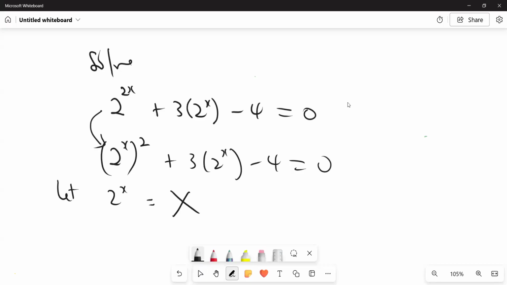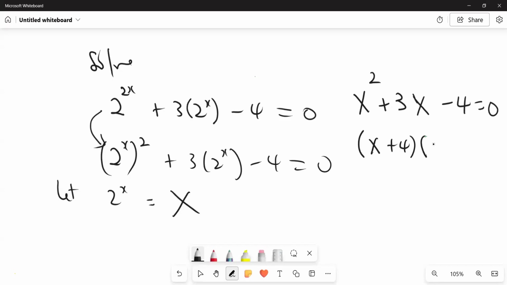So your equation becomes X squared plus 3X minus 4 equals 0, right? And I think you can factorize that as (X + 4)(X - 1) = 0, right?